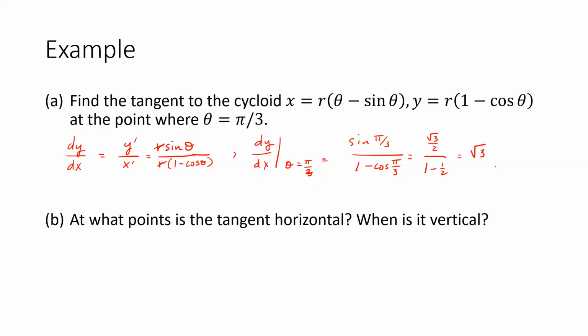And if we're looking for the Cartesian equation of the line, so this is just giving us the slope, we can plug pi over 3 into the x and the y equation to get the point that would be on our curve there. So at pi over 3, x would be r(pi over 3 minus sine of pi over 3).